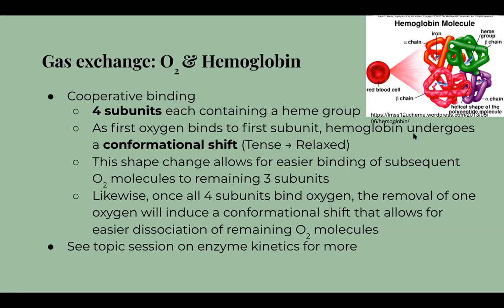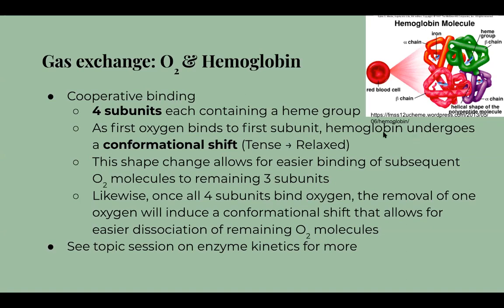Similarly, when you have a situation where all four heme groups are bound to oxygen, and now that hemoglobin needs to let go of that oxygen, it's easier for the oxygen to leave the subunits once one oxygen has already left.